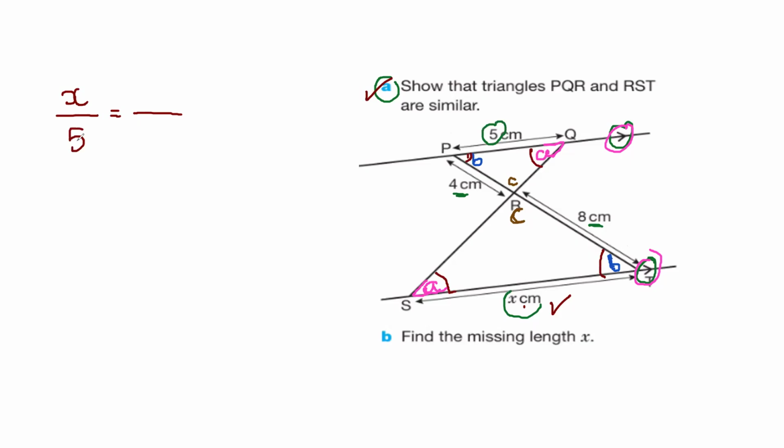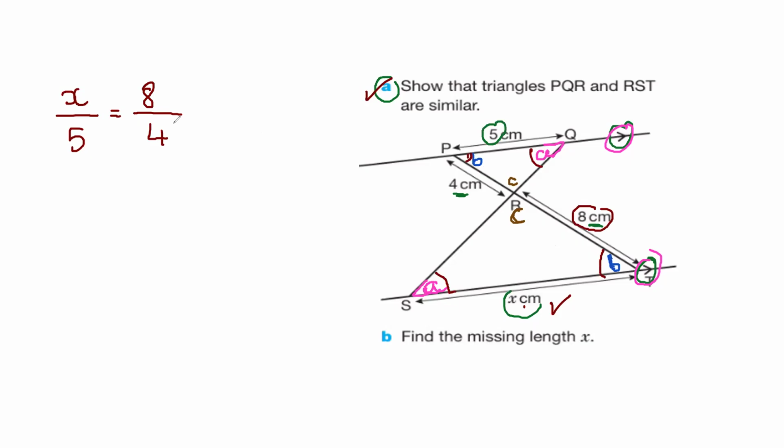When you start the numerator with the bigger triangle, I have to start the second proportion with the bigger triangle as well. So I add the 8 in the numerator, and the denominator will be 4. Why did I choose 8 and 4? Not because they are the only numbers, but because 8 is between angle C and B, and 4 is between angle C and B as well.